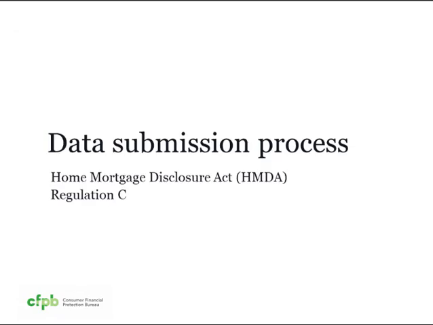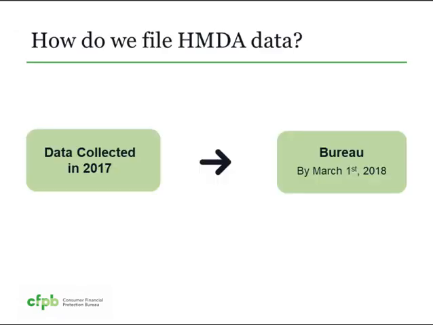Moving on to the data submission process. Beginning with data collected in 2017 and submitted by March 1, 2018, financial institutions must submit their HMDA data electronically. Financial institutions must submit their data to the appropriate federal agency by March 1st, following the calendar year for which it collected the data.